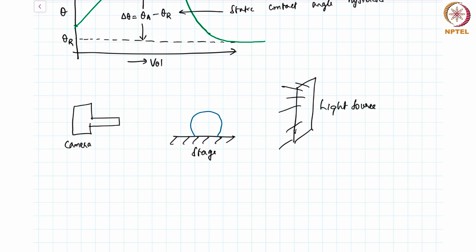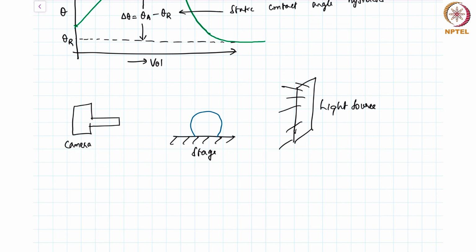You have to make sure that the droplet, the camera, and the light are more or less in a straight line. When light falls on the droplet, it gets scattered through the droplet, but the rest of the light travels in a straight line and hits the camera.